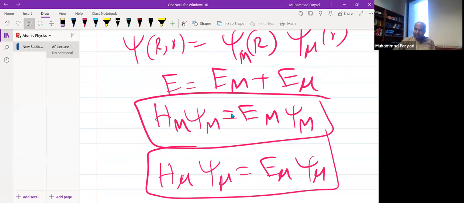This is a bit more complicated than this one because this only has a kinetic term and this has both kinetic and potential terms. But the total energy is the sum of the center of mass term and the relative motion term.